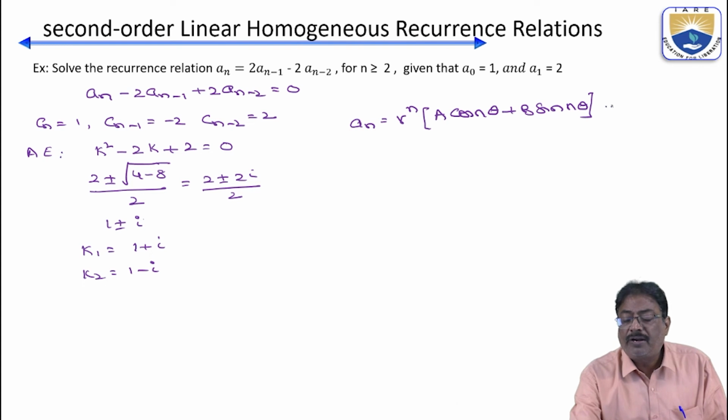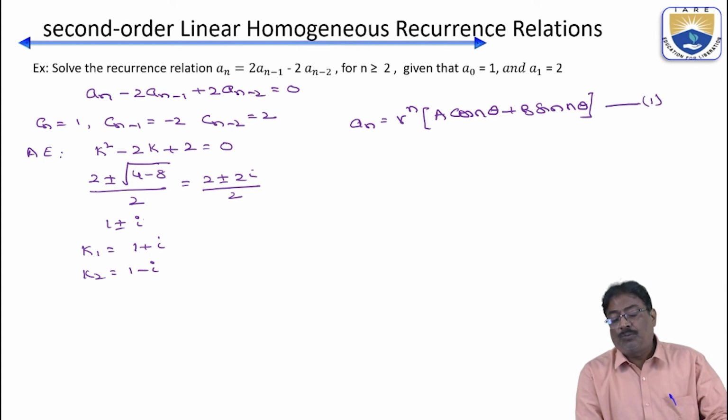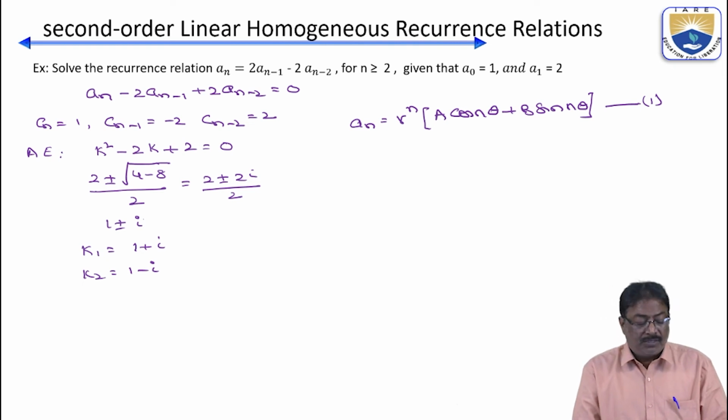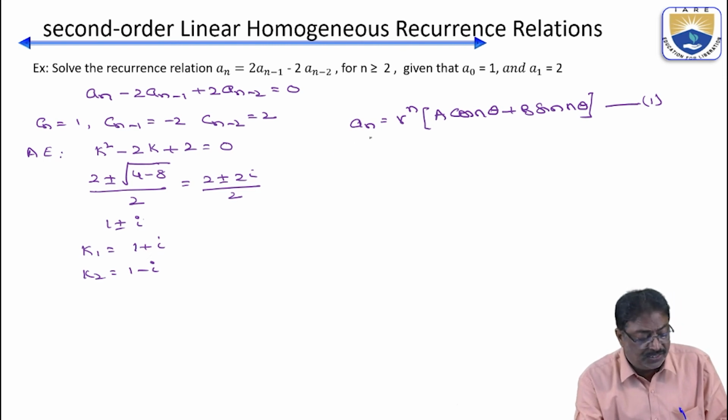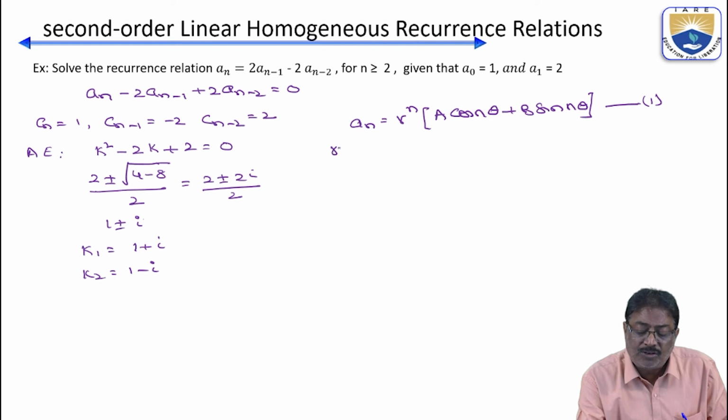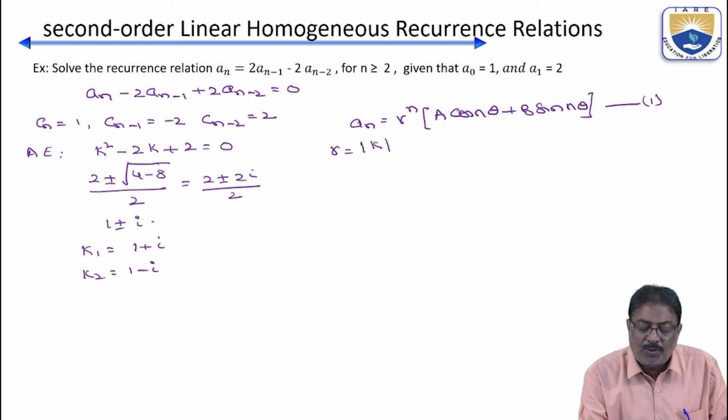Then we have to find out what n is and what r is. We have to calculate r, which is the modulus of k. What is k? This is the k.